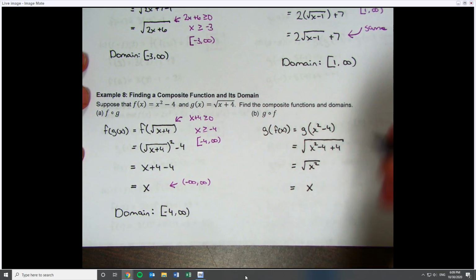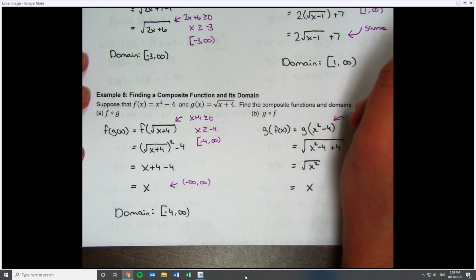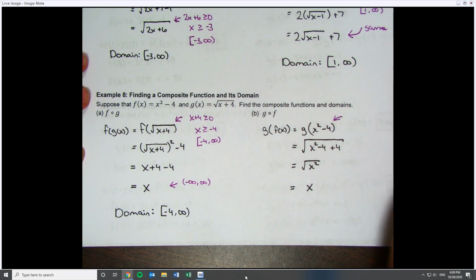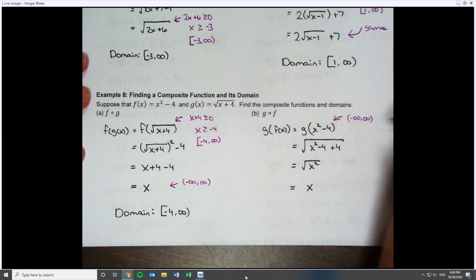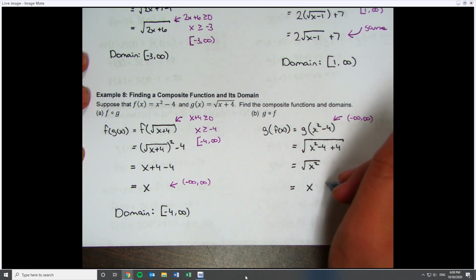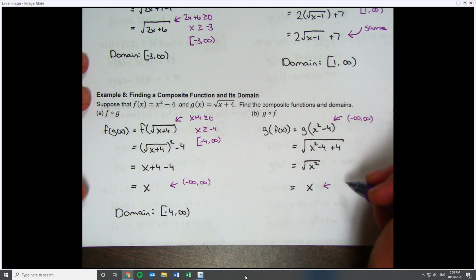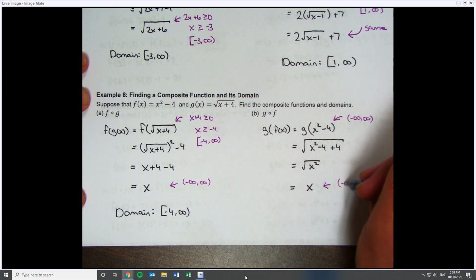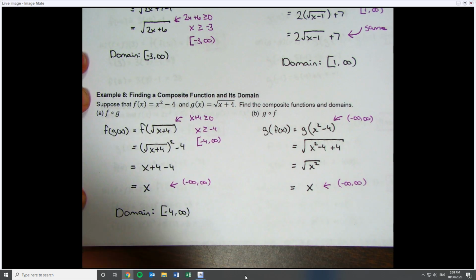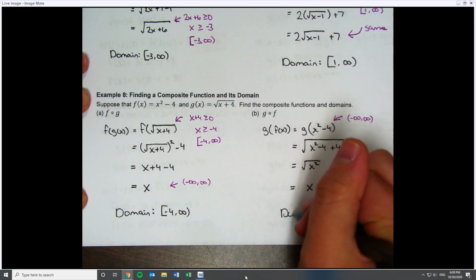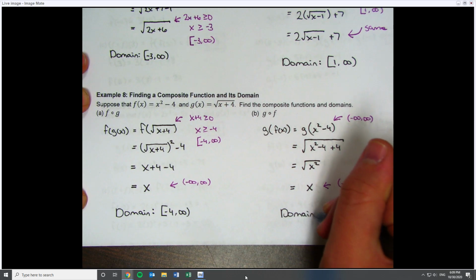Now, finishing this up in the domain part, right here, there's no square roots, there's no fractions, so I have negative infinity to infinity. Looking right here, this one, again, no square roots, no fractions, negative infinity to infinity. So my domain is going to be negative infinity to infinity.